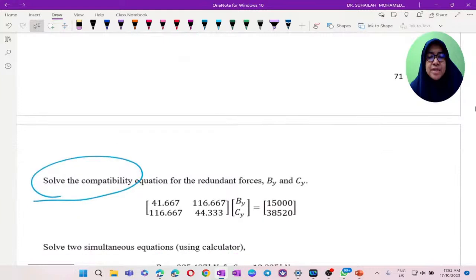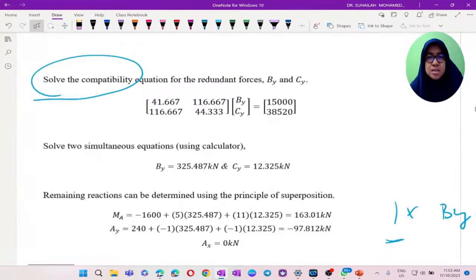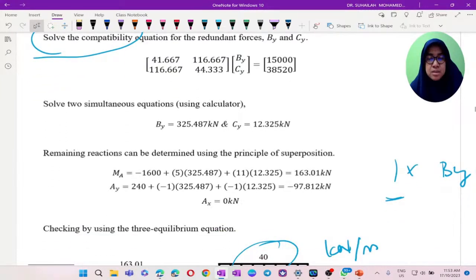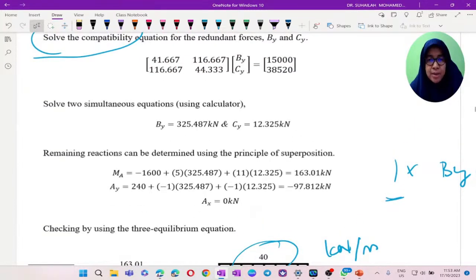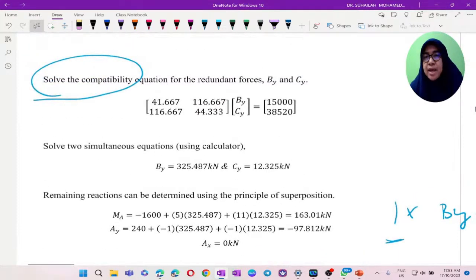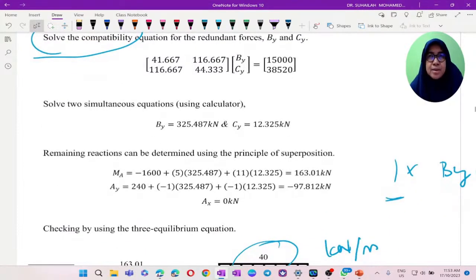So we will solve this using a calculator. It is equivalent to two simultaneous equations. We solve the compatibility equation for forces By and Cy. So we get these two values for By and Cy. Once we get By and Cy, we can continue to calculate the remaining reactions, and we actually have two choices.